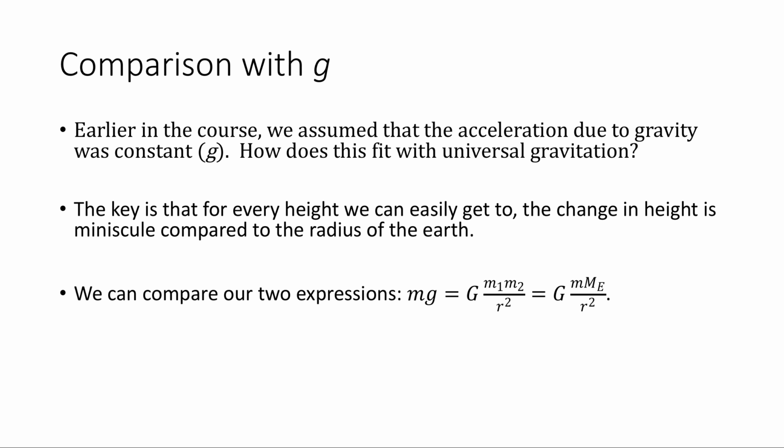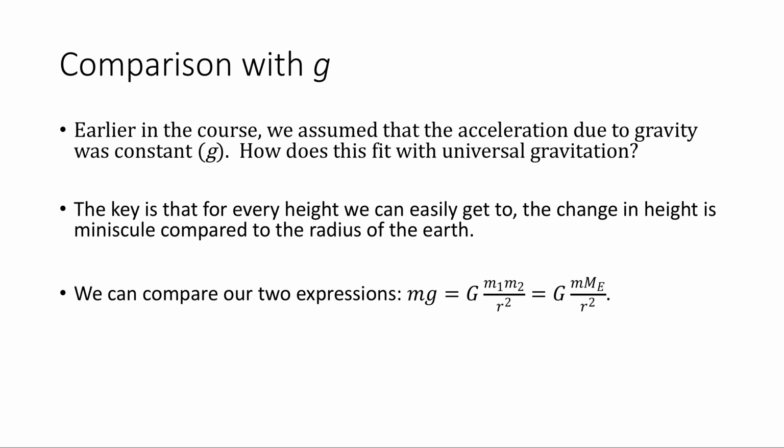Thus, if we simply compare our two expressions, we get that little m times little g is equal to the net force, which is given by the law of gravitation. We can simplify this a little bit. We can call m1 simply the mass of an object, the familiar m in the mg formula. We replace m2 with the mass of the Earth, and then r is simply the radius of the Earth.